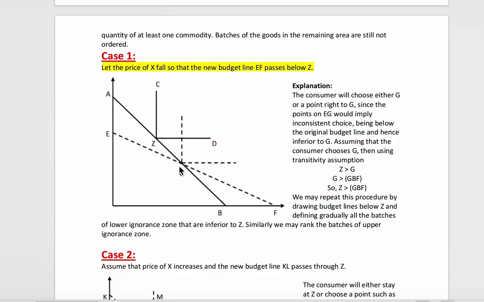So we can cut off the points in GBF as it is inferior to Z. So we can cut off the lower region in this way. If we continue this process, we can cut off the lower points.